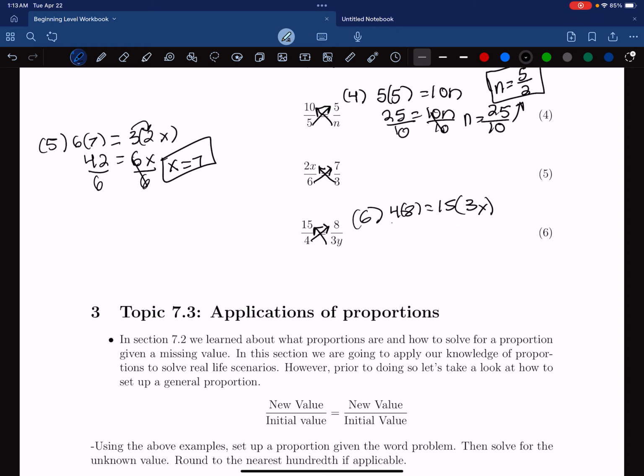So 4 times 8 is 32, and 15 times 3 is going to get you 45. So we have 45y. And then we're going to divide both sides by 45 to get y on its own. So we're going to get y equals 32 over 45. And this fraction can't be reduced. So this is your final answer.